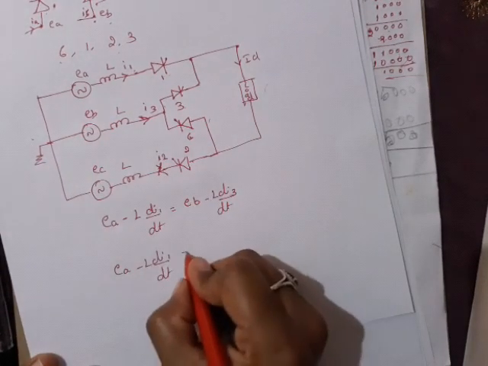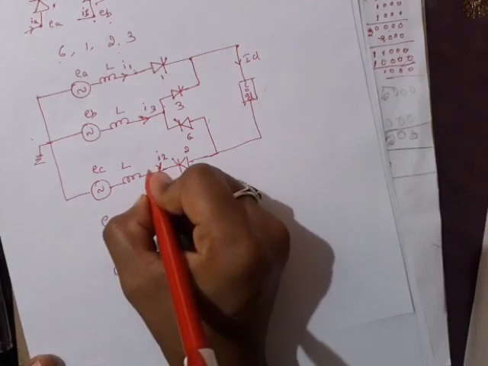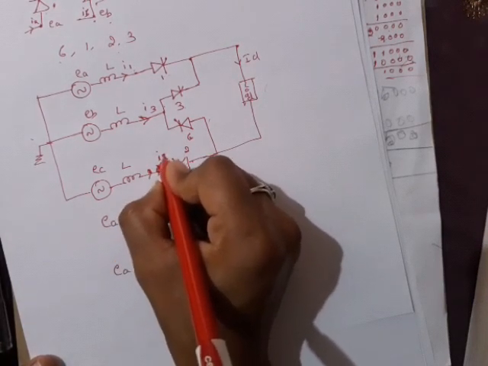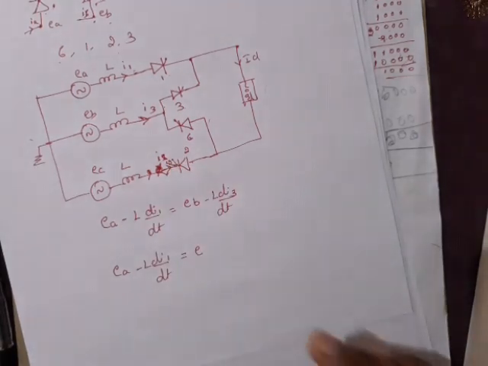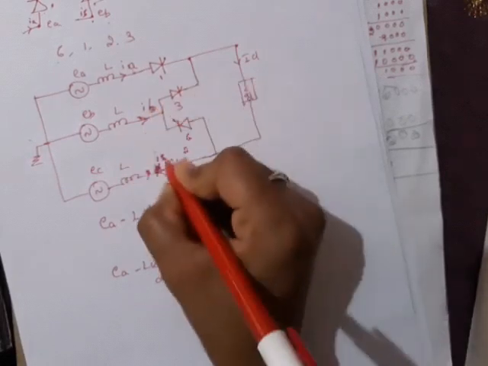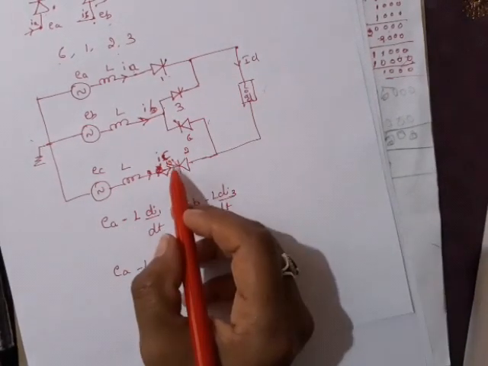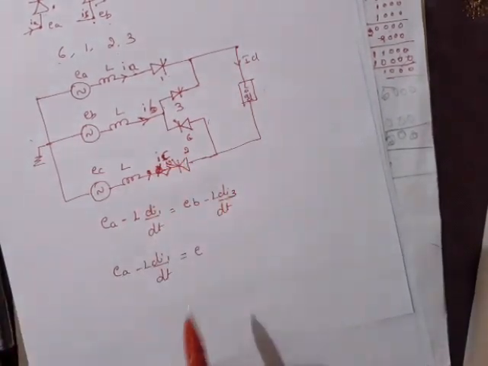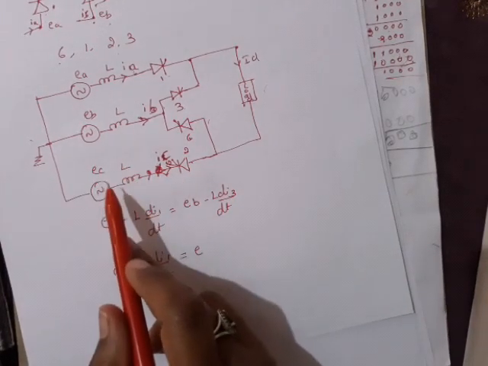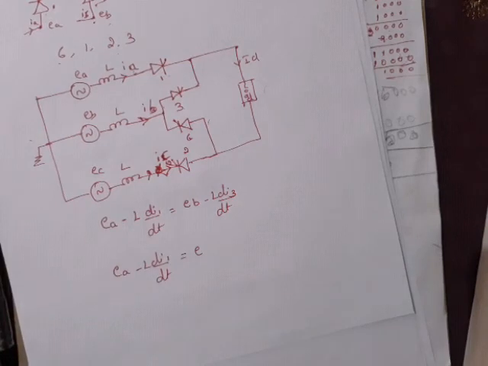So this one is equal to, I will take this I2 in this direction. Or else I'll take this as IA, IB, IC for analysis. If I take I2 in this direction, it gives a wrong meaning. So I'll just take IC, where IC is the current flowing from the supply.